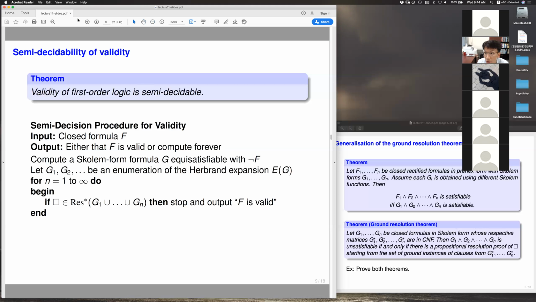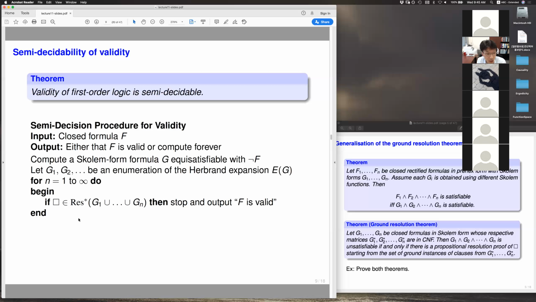Now, yes, that's right. The resolution star is defined in one of the slides on resolution, but it really tries to derive all the consequences from the resolution proof rule. And that can be done algorithmically. So you just derive everything. If the derived set contains the box, then we say there is the desired contradiction, and the original formula is valid.